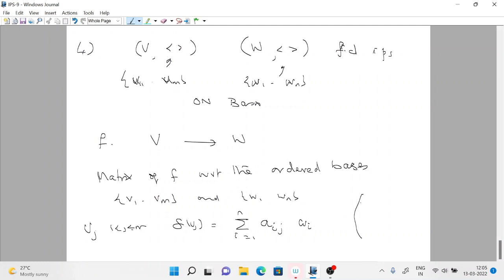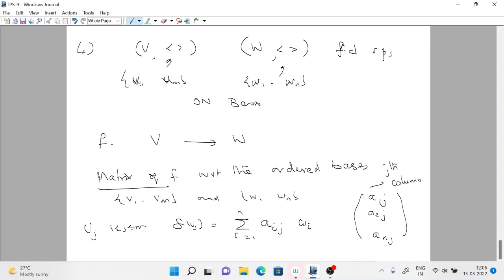Then these coefficients, namely a1j, a2j and anj, form the jth column of this matrix. I am just recalling this for you, because many times I find students just learn how to write down the matrix, but they don't remember this. This is the very geometric way of looking at it. And notice that usually I write the other way around. I write it a way different from what your usual teachers would write. This is Vj and you see the aij. Therefore, it becomes the jth column.